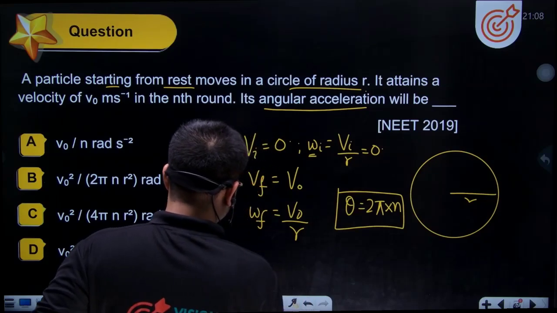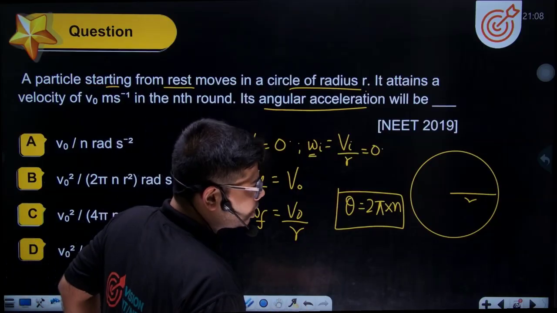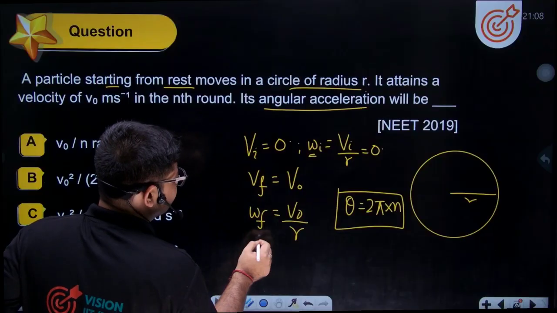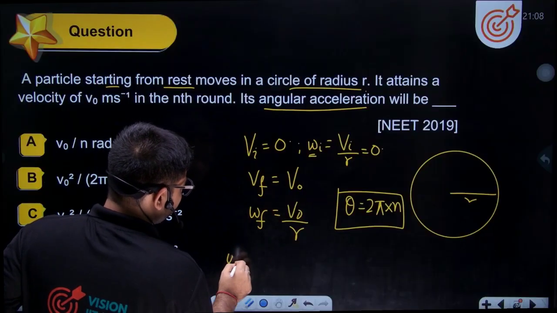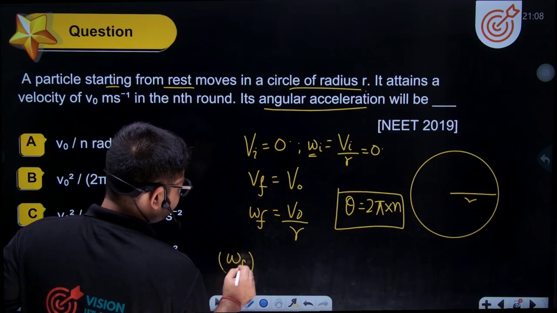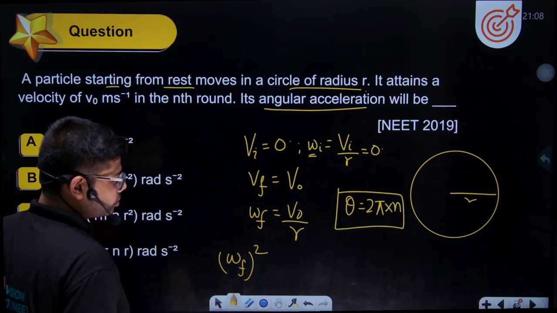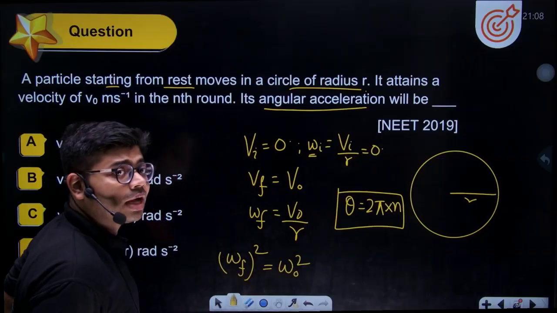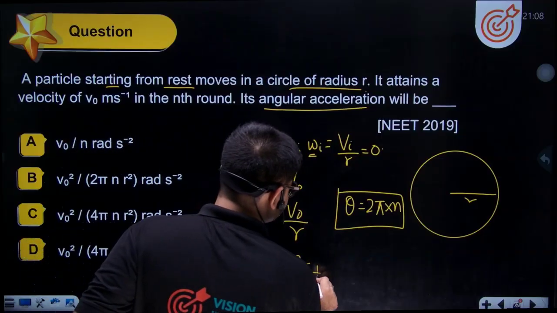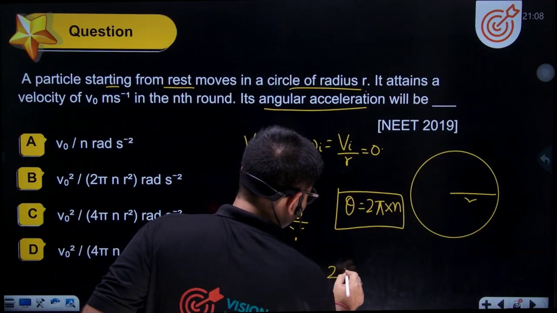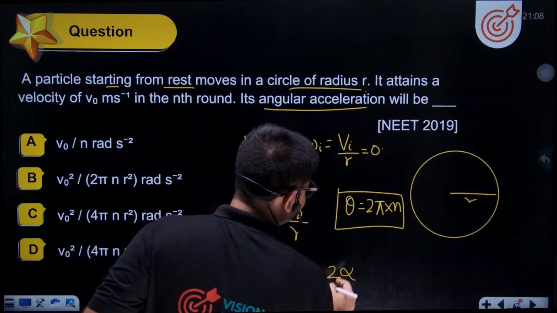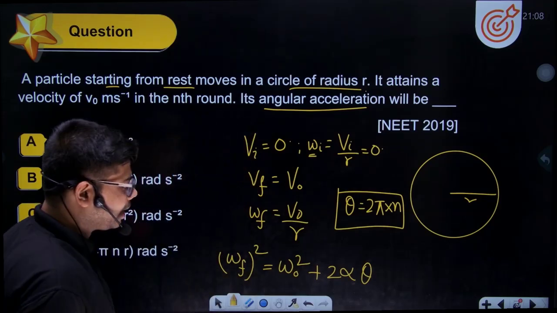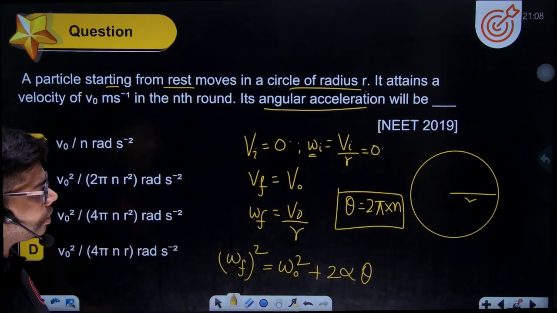This is better to use: v square is equal to u square plus 2as. So v square means this omega f square is equal to omega naught square plus 2 alpha theta, because I need to find out the alpha directly, time तो given नहीं है ना. 2as is alpha into theta, right? ये लिख सकता हूं मैं.